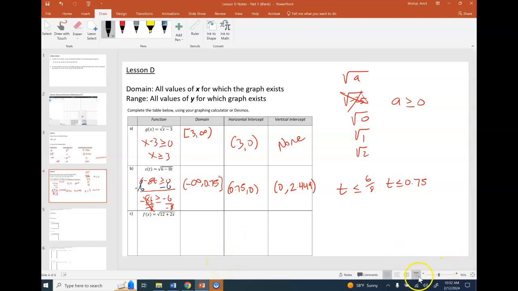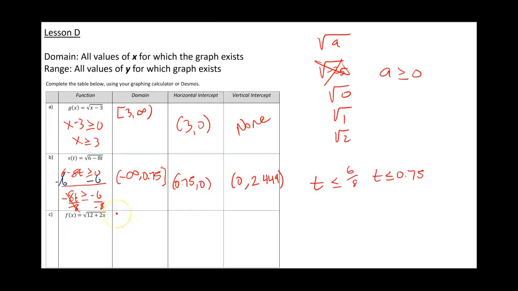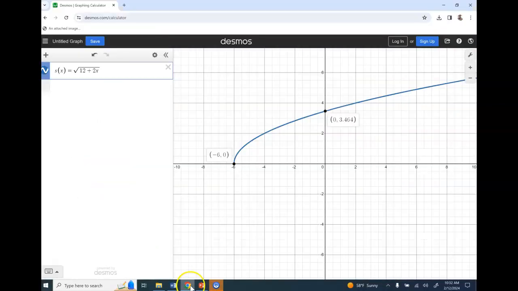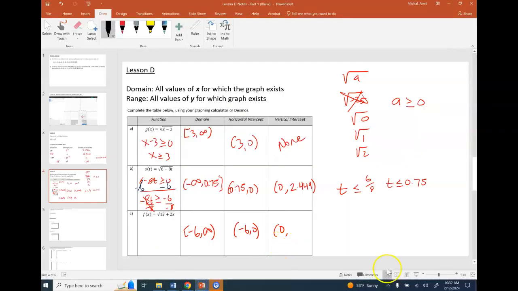Okay, so my x values start off at -6 and they go towards infinity. My horizontal intercept is -6 comma 0, and my vertical intercept was 0 comma, what was it again? It was 3.464.